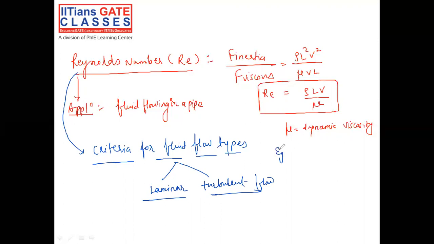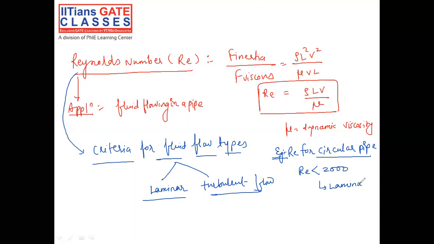Now I'm giving the example of Reynolds number for a circular pipe. Whenever Reynolds number is less than 2000, we classify that flow as laminar flow. When it is more than 2000 and less than 4000, we classify it as transition flow.